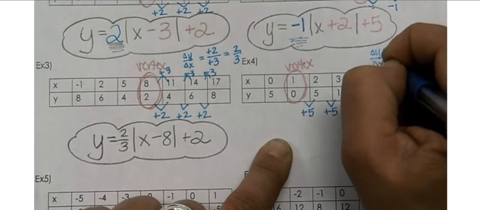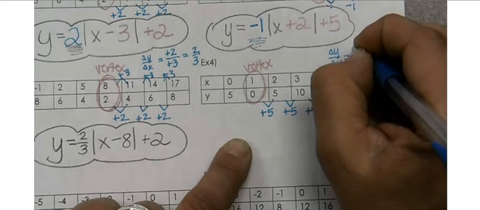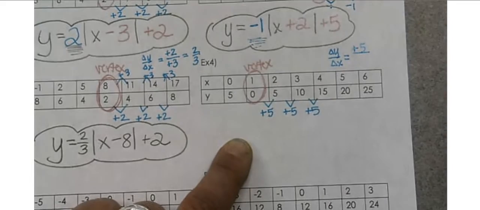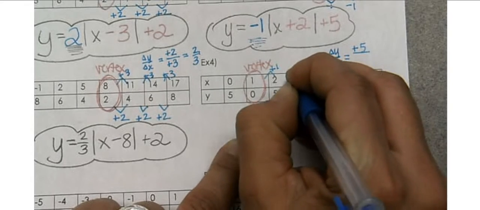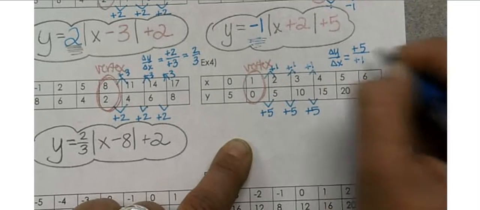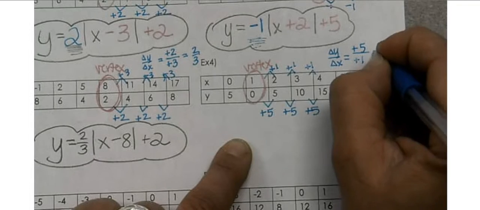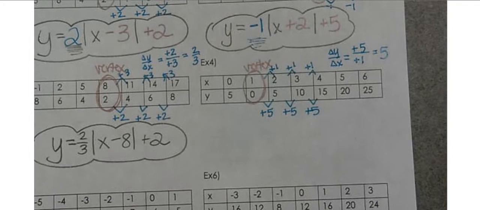So I can make a note that my change in y over change in x, the change in y is +5. My change in x, let's see, +1 each time. And so my change in y over change in x is 5.